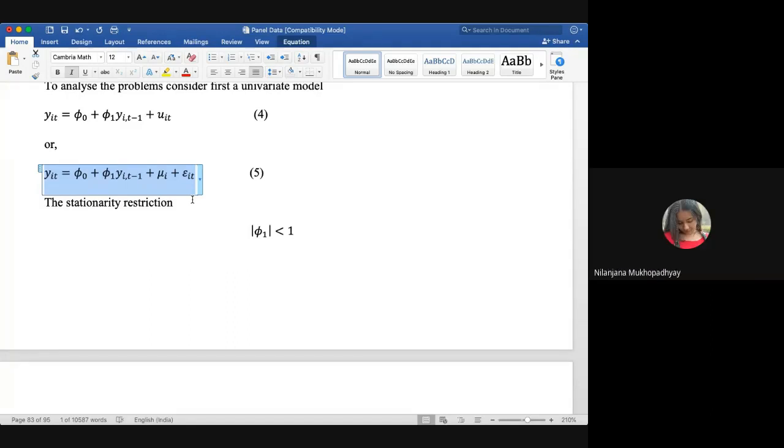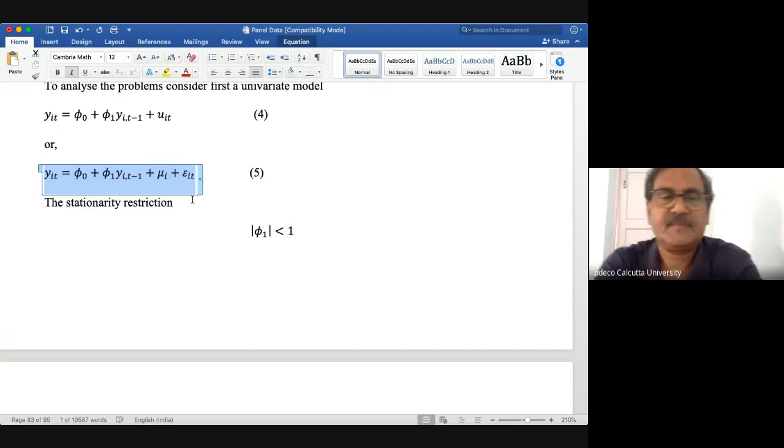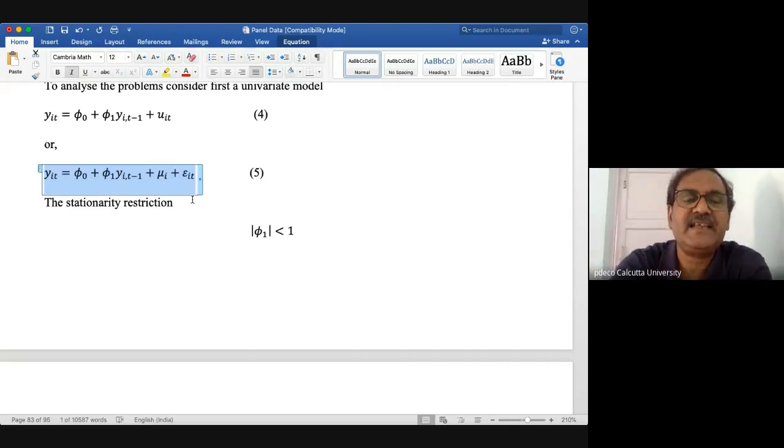Now in the second expression, yi2 is on the left hand side, and on the right hand side you have phi naught plus phi 1 yi1. So substitute the value for yi1 from the previous step and rearrange the terms.